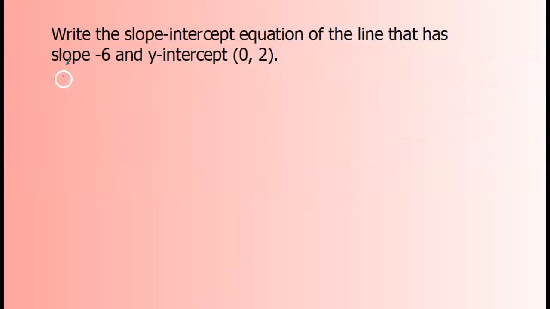Alright, let's look at here. It says write the slope-intercept equation of the line that has the slope to be -6 and the y-intercept at (0, 2). This one, we're using y equals mx plus b. Everybody knows that. Make sure you know this one. So here the slope, which we will use the m to represent, is -6.